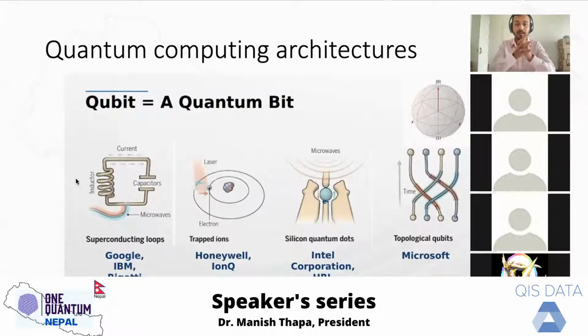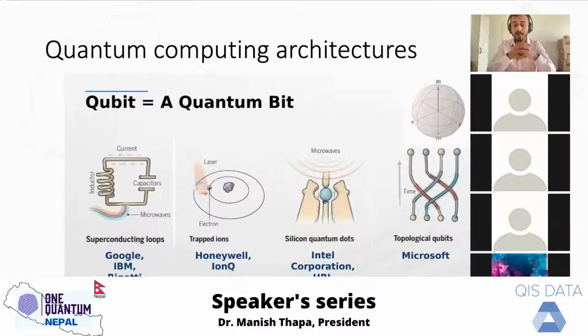I'll talk about qubits and how to manipulate them, not in the context of any of these candidate architectures, but in general. Let's say there is an abstract qubit, 0 and 1. How do you manipulate its states? Because how well you manipulate them really gives you an idea of how good your quantum computer is.